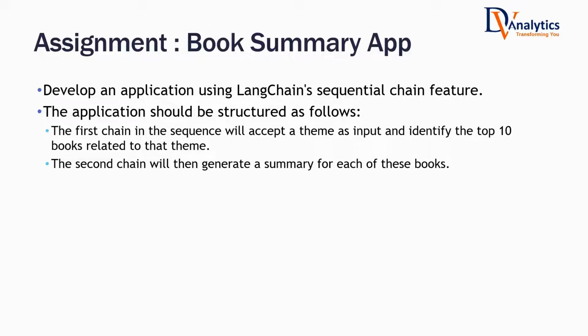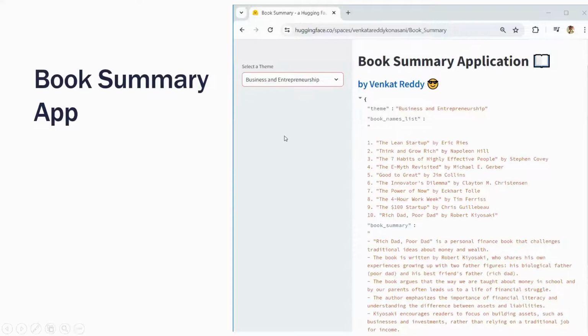You mention 30 themes. From there, you have to pick the top 10 books. And then the second chain will generate the summary for one of the books that the user picks. So the final app should look like this. If the user chooses business and entrepreneurship, it should give us this kind of output: what are the top 10 books and what is the book summary.